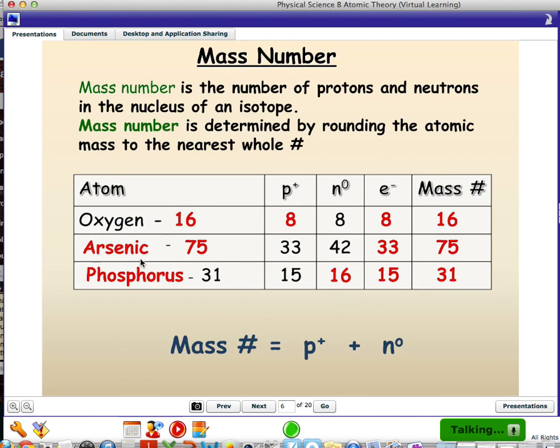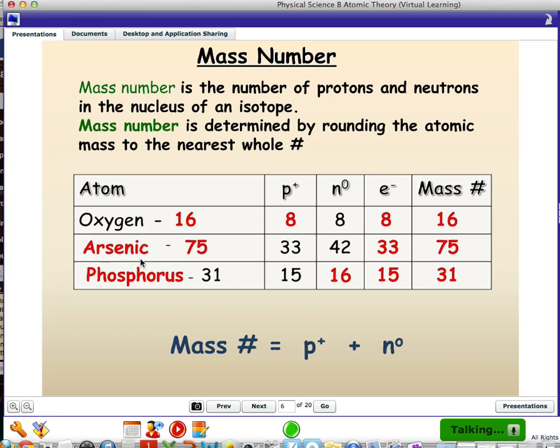Which means that if oxygen is number 16, it has an atomic mass of 16, it is element number 8 on the periodic table. That tells us that there's 8 protons. It also tells us that there's 8 electrons. But then the atomic mass will give us an additional piece of information. It's telling us that the mass number, or the atomic mass number, is 16.